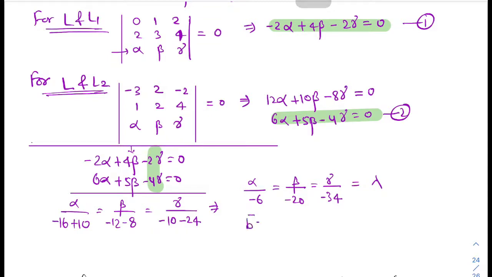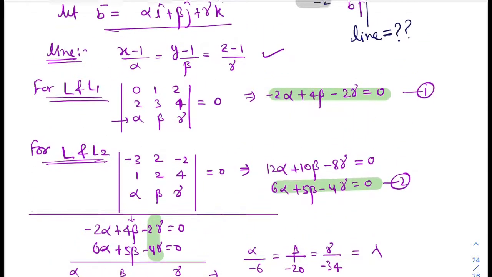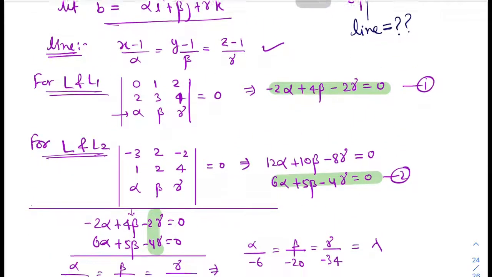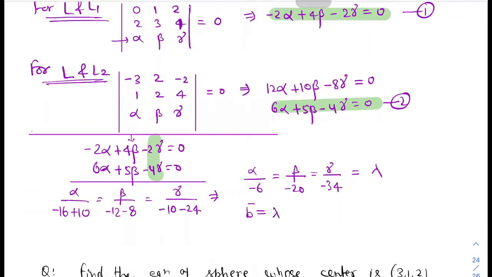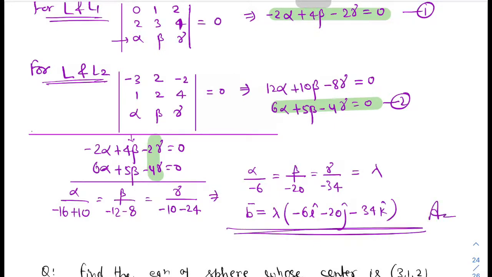And in this case we can write our parallel vector. The parallel vector was assumed to be alpha I plus beta j plus gamma k, so this comes out to be lambda times minus 6 I cap minus 20 j cap and minus 34 k cap. So this is not the answer, basically this is the parallel vector.